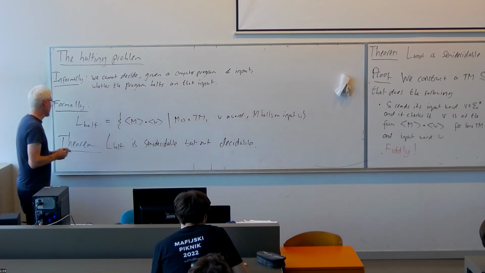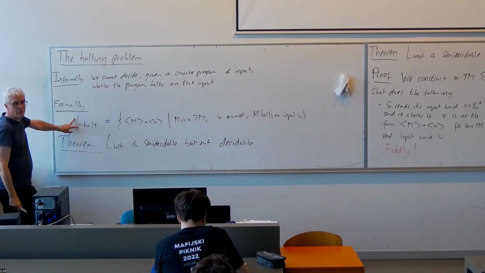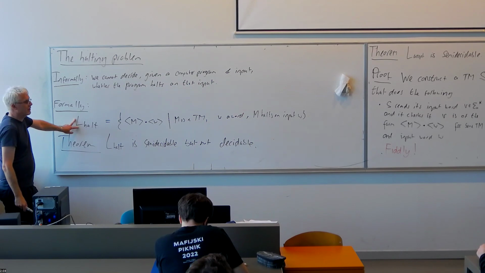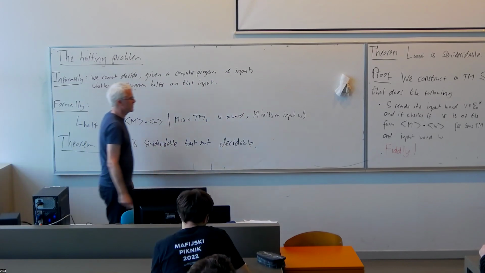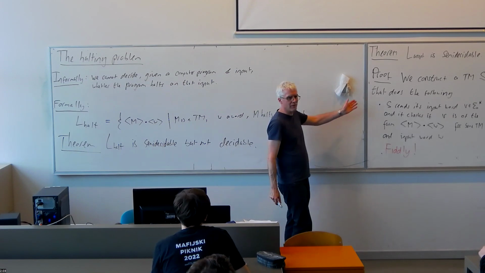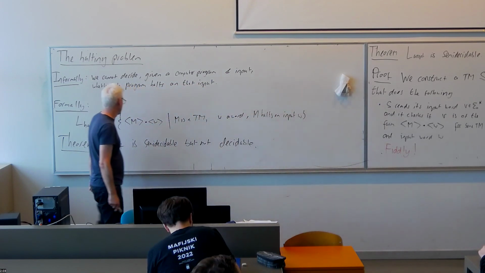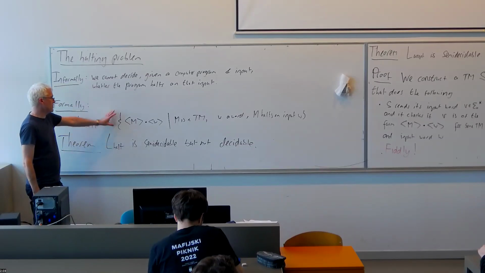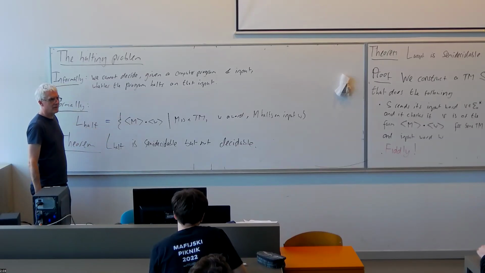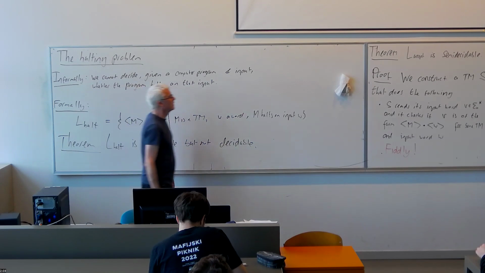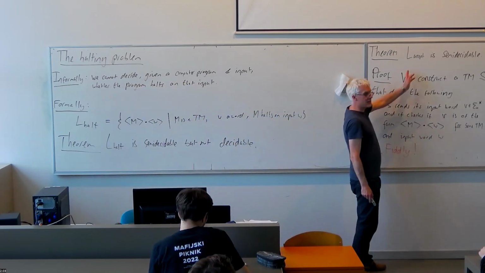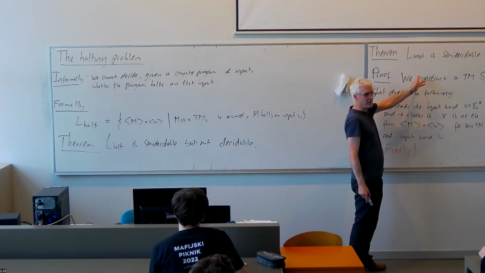And as an exercise, you might think how to prove this. You can either prove it directly from the universal machine, like we were doing before, or better, you can try to deduce it as a consequence of the theorem that L-accept is undecidable and L-accept is semi-decidable.